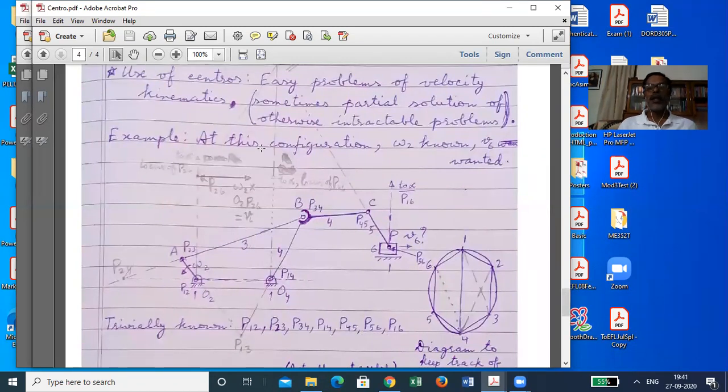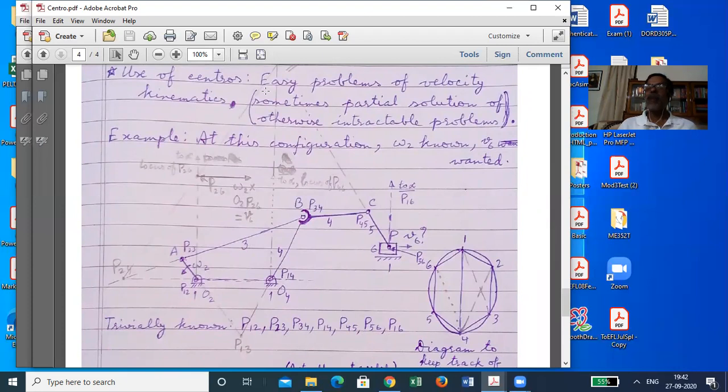So, use of centroids is primarily in solving easy problems of velocity kinematics, a quick fix in a single diagram without any proper calculation as such. Sometimes the entire problem may be quite complicated and may not be solvable by this method only, and for that matter may not be easily solvable by other more sophisticated, more advanced methods also.